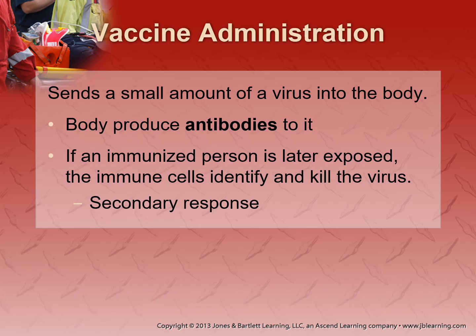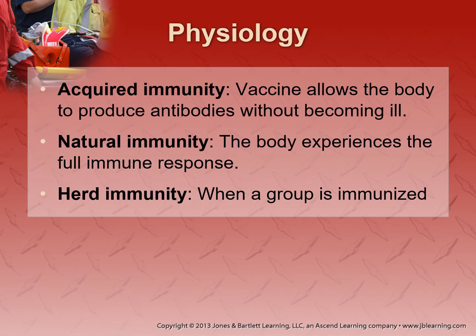When we get a vaccine, we are basically given something that looks like the bad antigen or pathogen, and our body will then create antibodies for that. When we talk about these different terms, we have acquired immunity and natural immunity. And think of that acquired as, I guess you would say, a non-natural way.